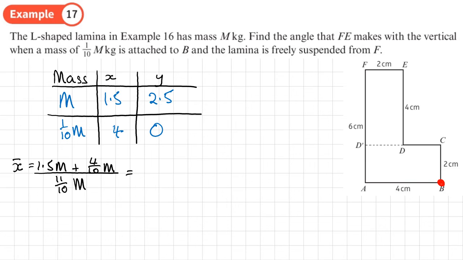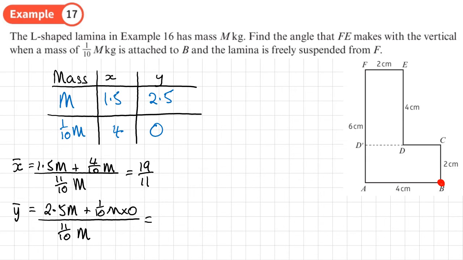That gives 19 over 11 as all the m's cancel out. And then we'll work out y bar. So that will be 2.5 times m plus 0 times 1/10 m, divided by the total mass, which again is 11 over 10 m. The m's will cancel out, and that gives us 25 over 11.